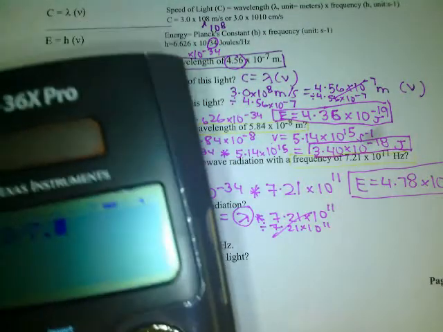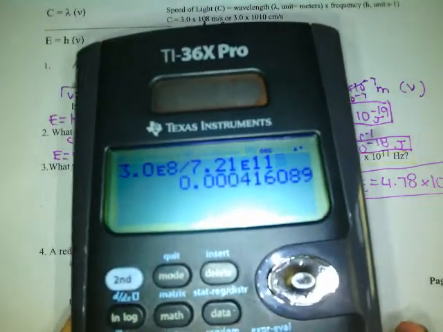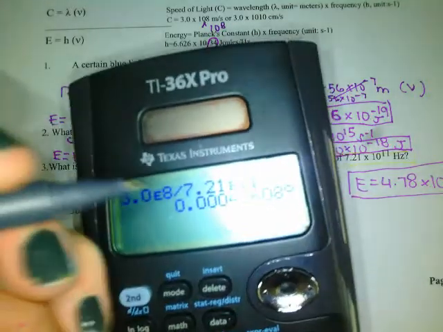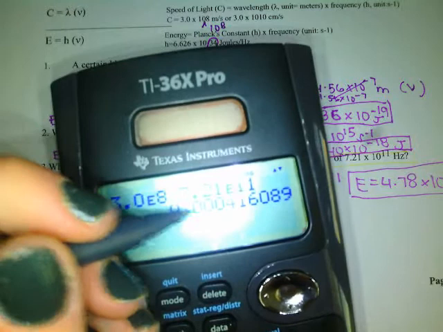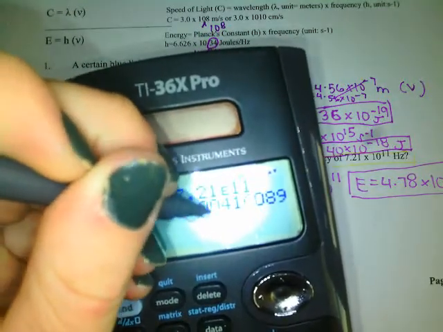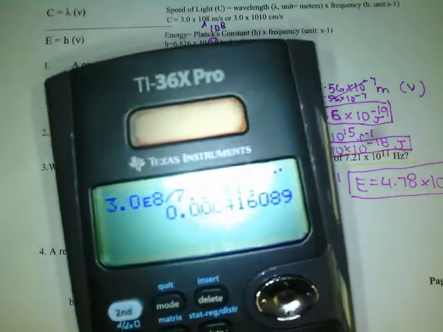Sometimes I think it's helpful to put it into scientific notation, so we drop it so there's only one digit in front. We move 1, 2, 3, 4 places, and it's a negative number. If I'm doing my sig figs, we're working off of 3 sig figs, so 4.16 times 10 to the negative 4.